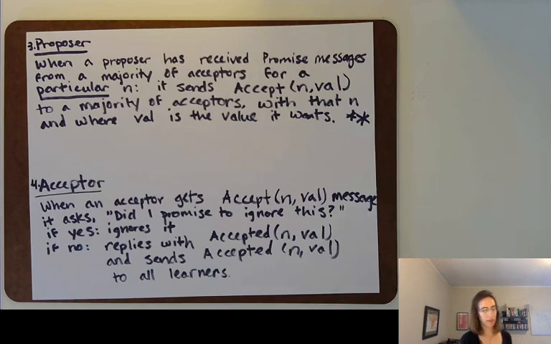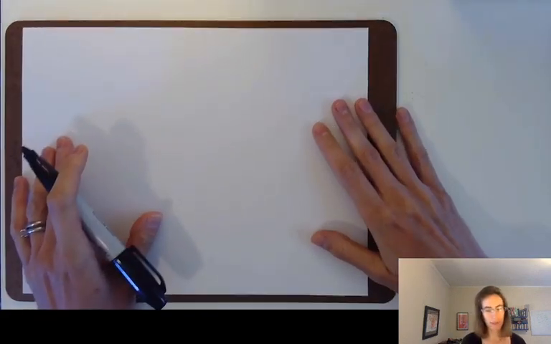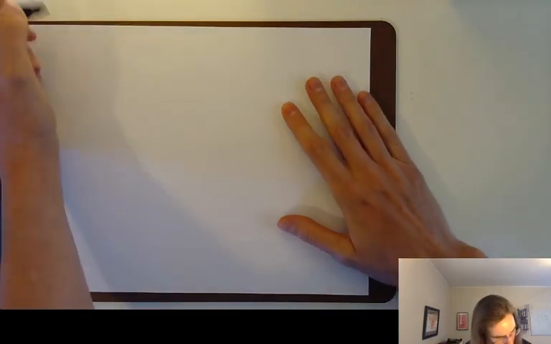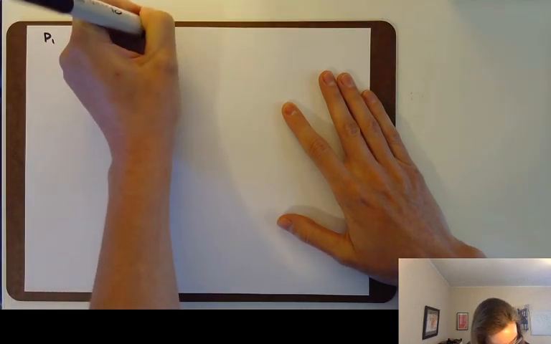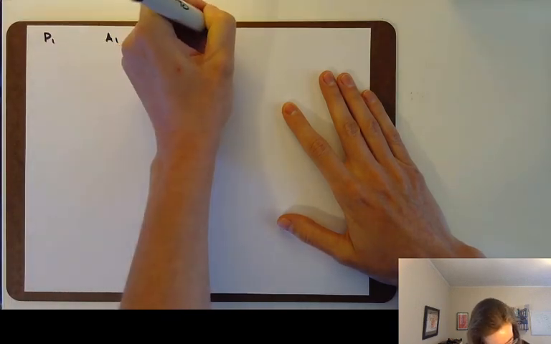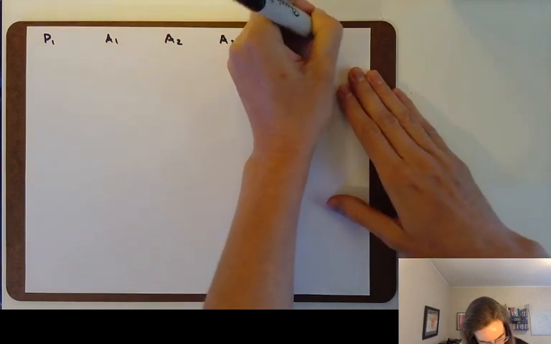let's take a look at what would happen if we had more than one proposer. So we'll draw this picture, but just to make it a little bit easier to read, let's leave out the learners. We'll pretend they're there, but getting rid of them won't mess up anything in this example, and it'll make it a little bit easier for us to draw. Okay, so let's say that we have a proposer and 3 acceptors, just like before, and another proposer.